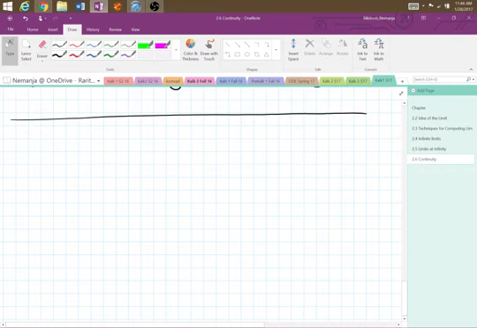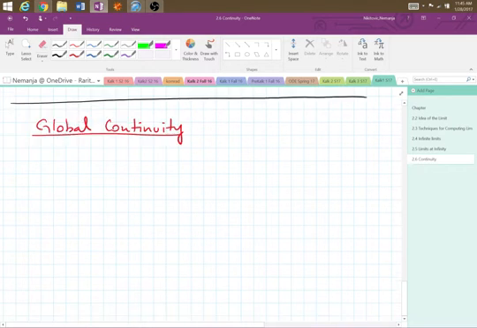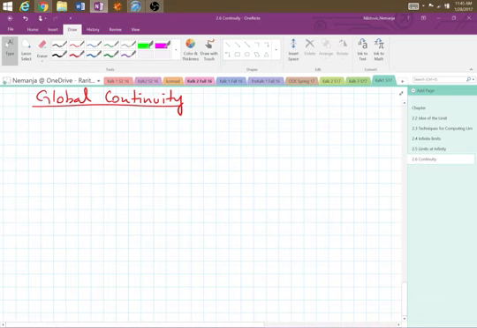Global continuity. A function is continuous globally if it's continuous at every point in its domain.